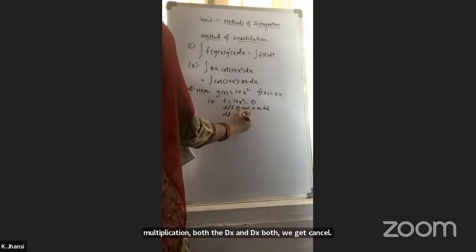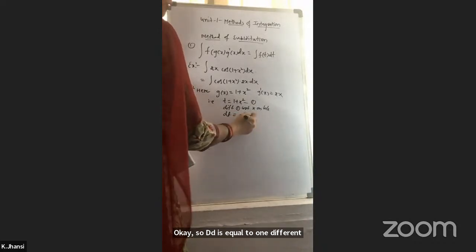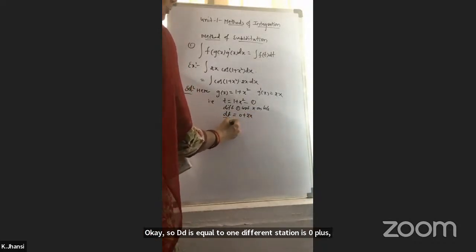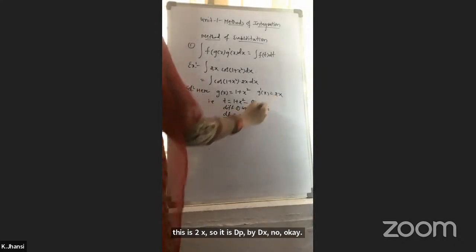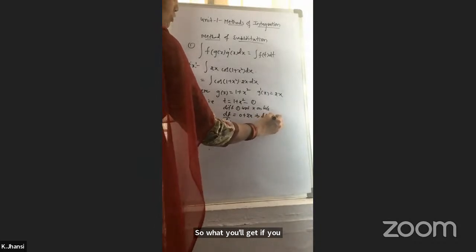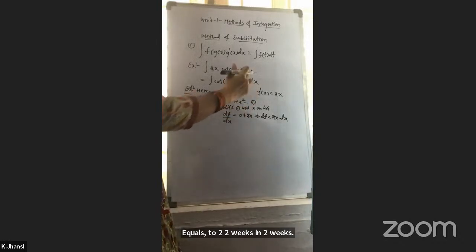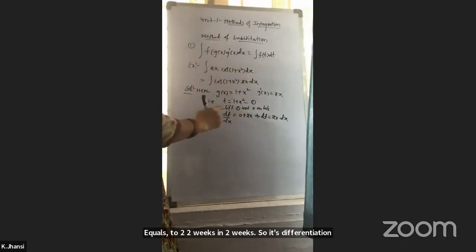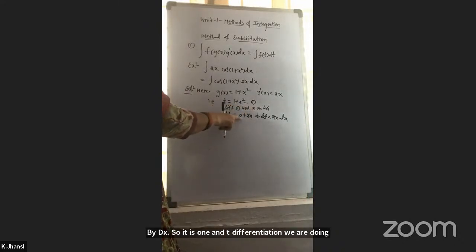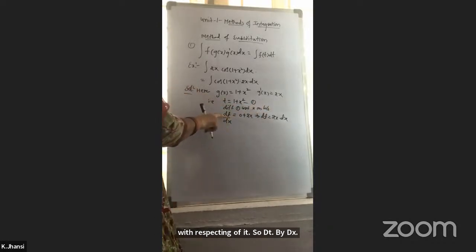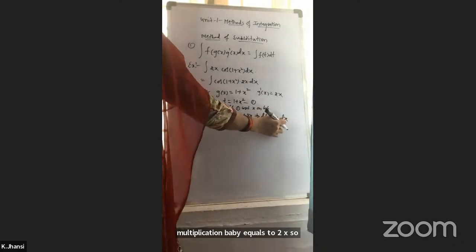So dt by dx is equal to 0 plus 2x, since the derivative of 1 is 0 and of x square is 2x. If you do the cross multiplication, dt equals 2x into dx.